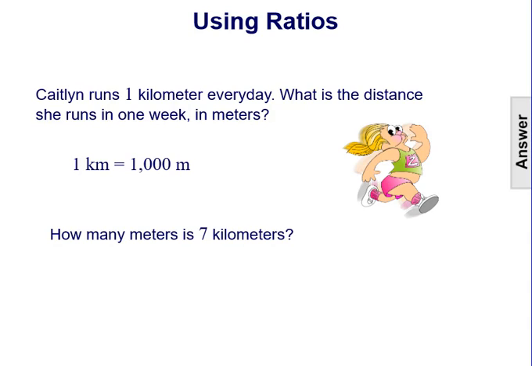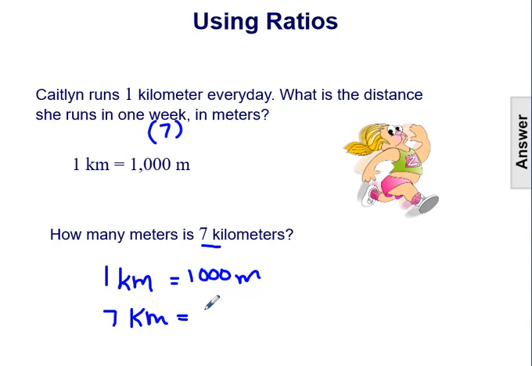So we know that 1 kilometer equals 1,000 meters. So we want to know how many meters are in 7 kilometers, because if she's running a kilometer every day, 1 week would be multiplying that by 7 to give us 7 kilometers. So our information we're given is that 1 kilometer is equal to 1,000 meters. We have that rate. But we want to know about 7 kilometers.